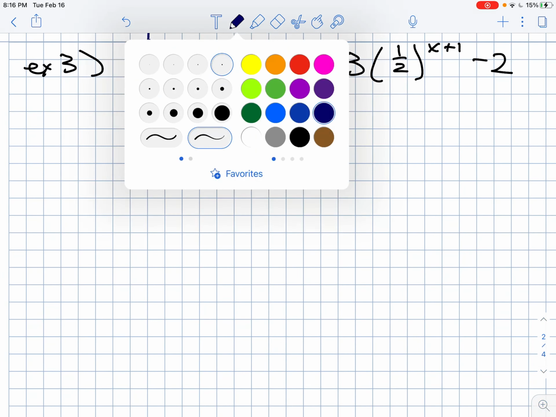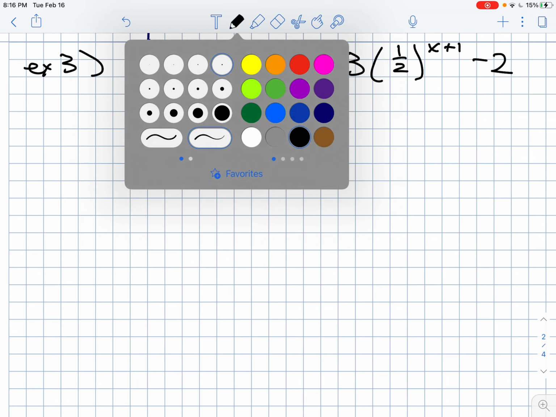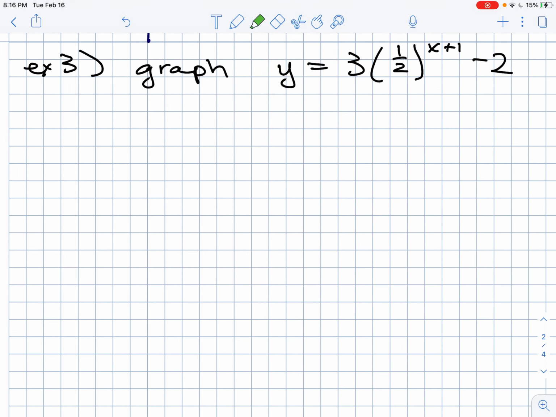The last one is, in order to do this, you can do one of two ways. You can still do your chart, or we can look at the parent graph. So step 1 is we can graph the parent function, and then we can look at the different transformations, how it changes, and graph it from there.